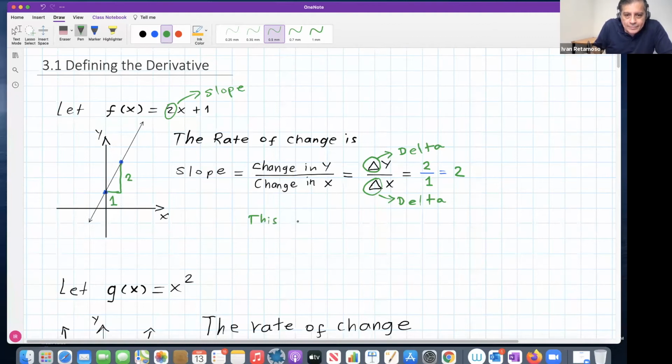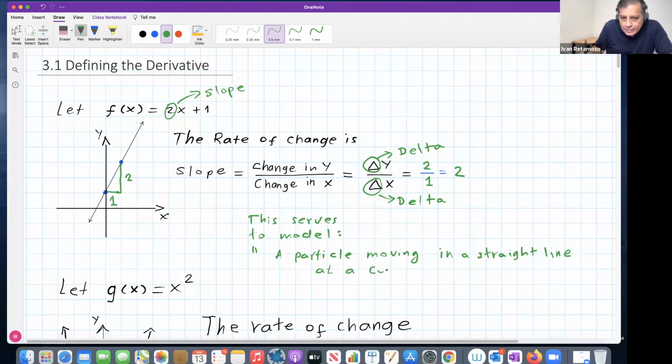This serves to model the following: a particle moving in a straight line at a constant speed, right? This is what this is good for.